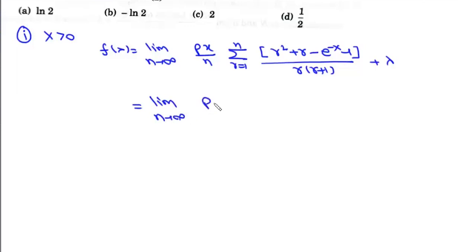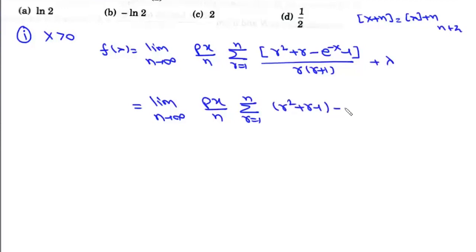Now since r is an integer, we can write this as limit n tends to infinity of px by n, and then this summation r varies from 1 to n. We know that the greatest integer function of x plus n is the greatest integer function of x plus n if n is an integer. So it will be r square plus r minus 1, and then plus the greatest integer function of minus e to the power minus x upon r plus 1, and plus lambda.